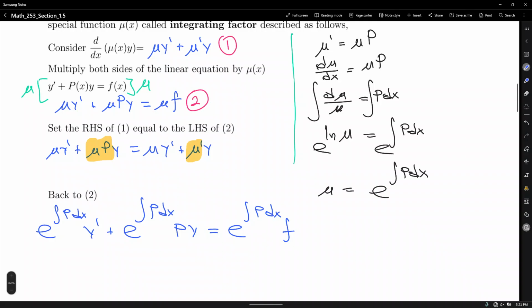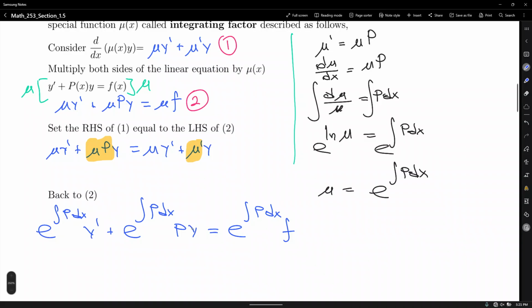All right? Okay. Have a look at the left-hand side of the equation. Does that look like the derivative of some product? It should. Okay, let me show you how.